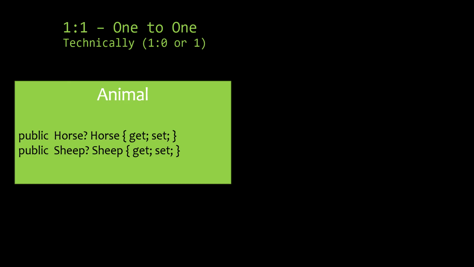For example, if it's a horse, we might need a property for, I don't know how often there's a term, furlong speed. So how long does this horse take to run a furlong of distance? For sheep, maybe there are properties about the quality of the wool. Well, that would not be applicable if the animal was a horse, and furlong speed would not be applicable if it was a sheep.